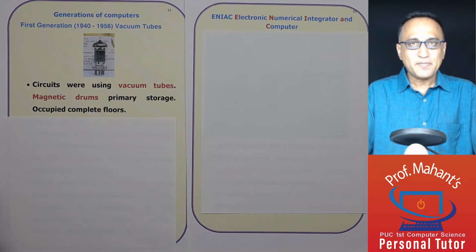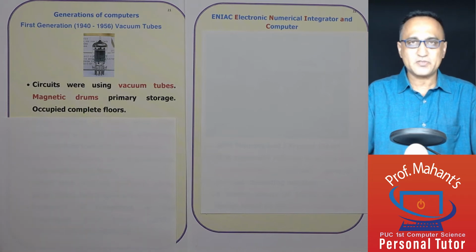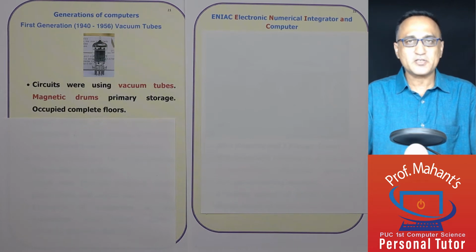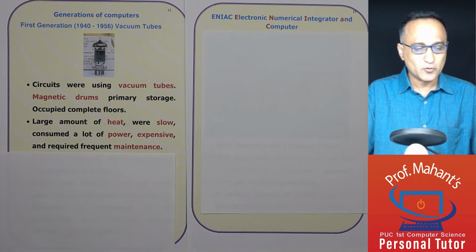Then the main memory, or the RAM, was based on magnetic drums. A magnetic drum is a metallic cylinder coated with magnetic oxide, where information or data was recorded. The problem with this first generation of computers was that they were very huge, some typically around 200, 500, 600 square feet, and they occupied complete floors.